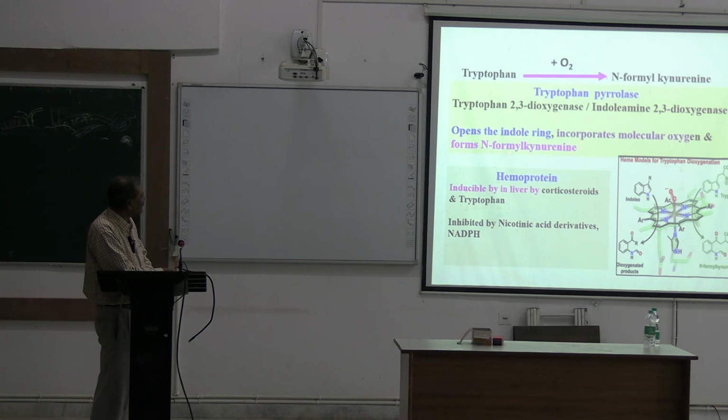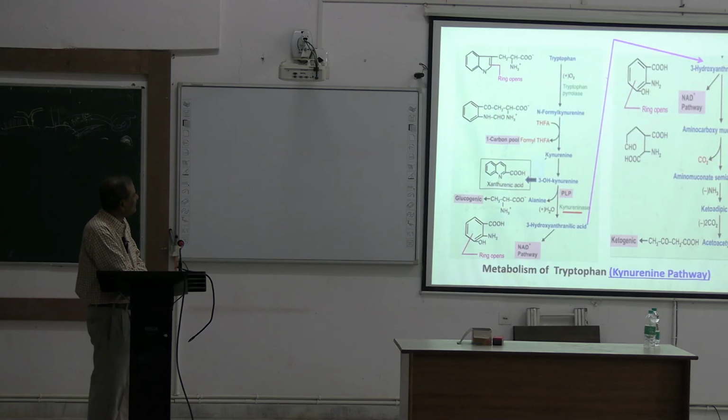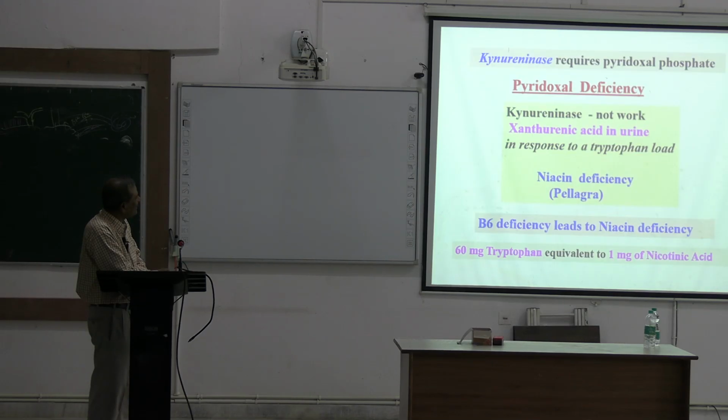It is inducible by the liver. Note down this reaction here. This enzyme, kynureninase, requires pyridoxal phosphate. Pyridoxal deficiency will not allow this reaction to proceed, so xanthurenic acid will be produced.